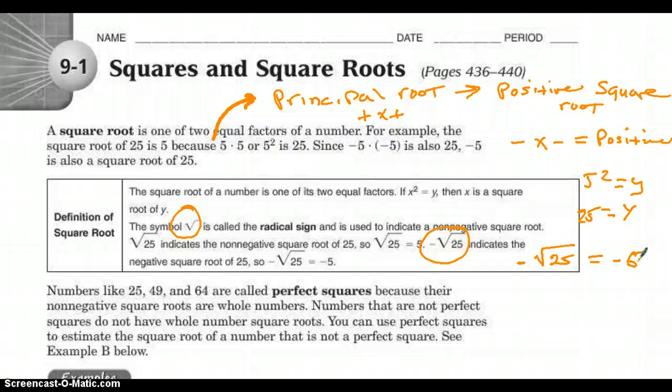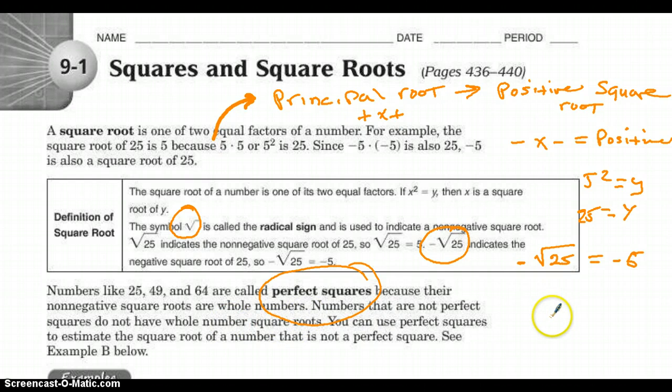And numbers like 25, 49, 64, 100, 121, 144, 169, these numbers are called perfect squares. They're called perfect squares because they're the non-negative or principal square roots of whole numbers.